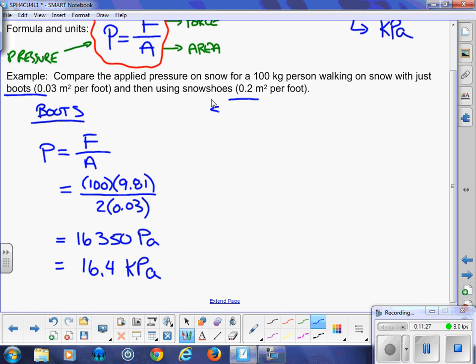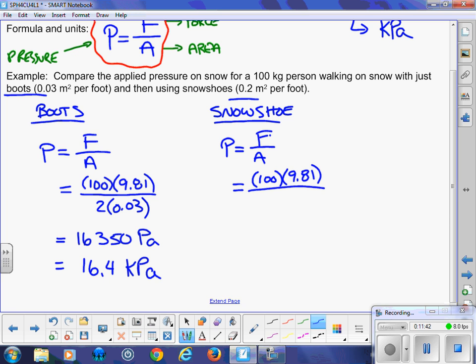All right, now let's look at the snowshoe. So the snowshoe, same formula. Pressure equals force divided by area. The only thing that changes in our formula is our denominator, because the area has changed. Snowshoe's a much larger area. So if you go out to walk on snow with your snowshoe, because you have a larger surface area, the force of your mass is being distributed over a larger area, reducing it to 2,452.5 pascals, or 2.5 kilopascals.